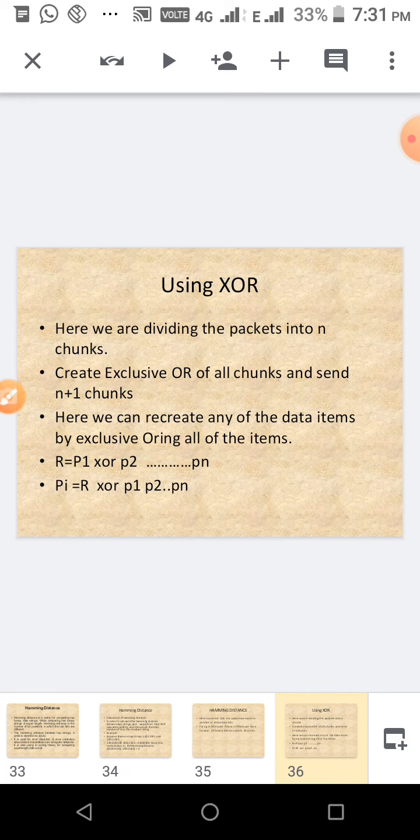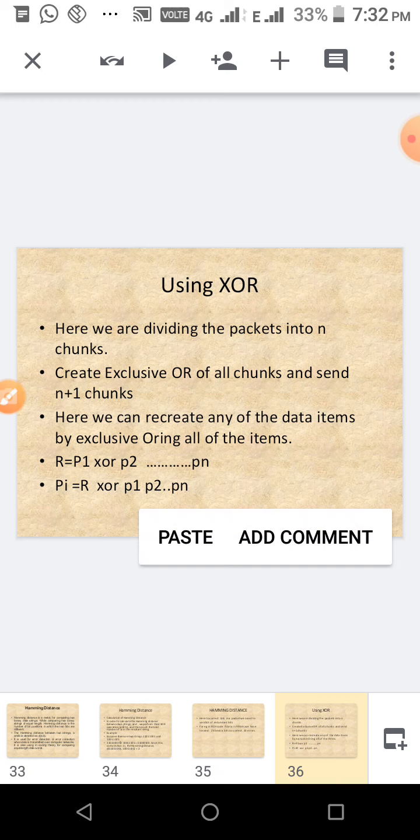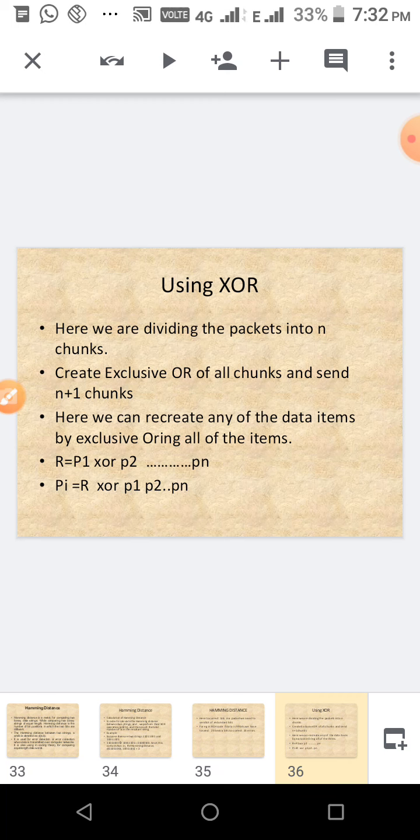Here we can recreate any of the data items. At the receiving end, if any chunks are missing, we can find the damaged one by using the remaining chunks. We XOR all the chunks that are available, and then we get the answer. So even if one chunk is lost, there is no problem in this concept. Packets are divided into chunks, we XOR all the chunks, and that is also sent to the receiver.